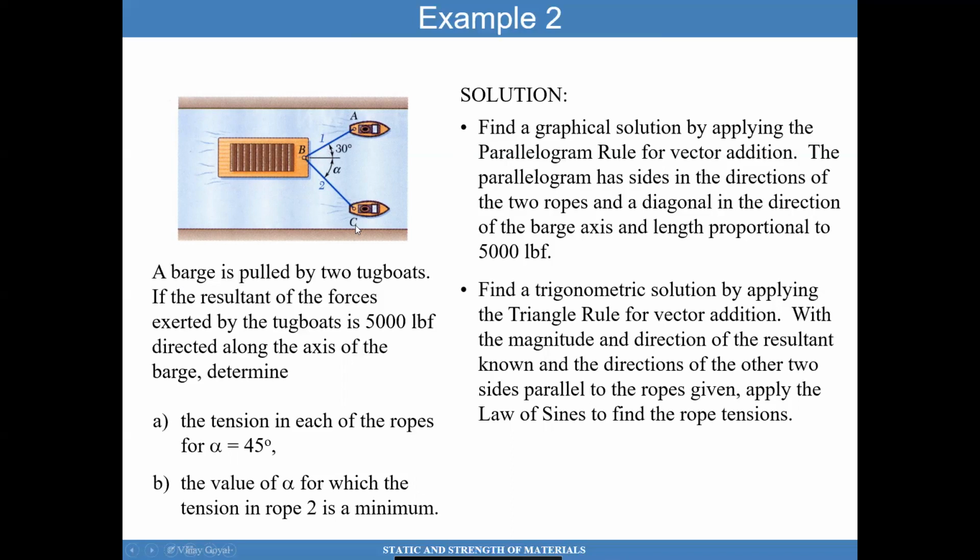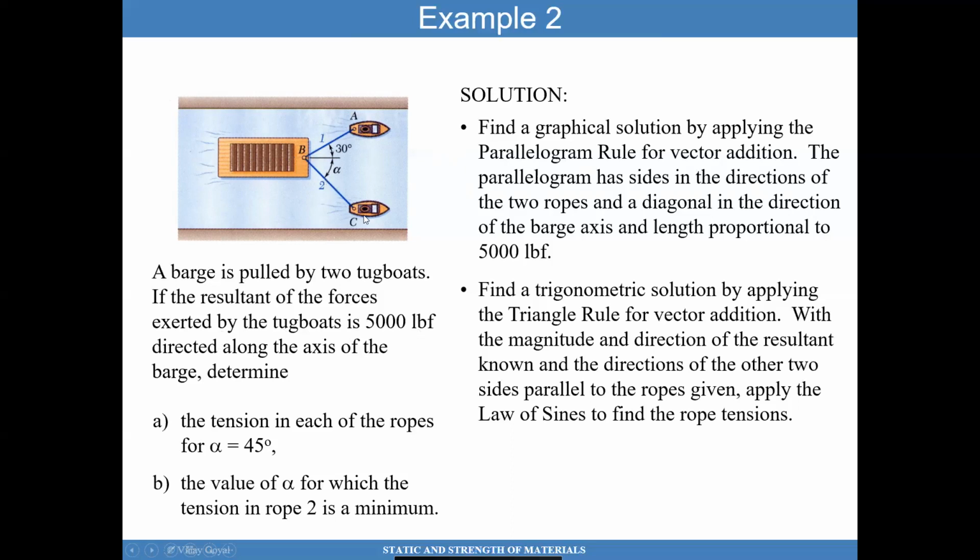The question is: if the resultant of the forces exerted by the tugboats is 5,000-pound force directed along the axis of the barge, determine the tension in each of these ropes to make that happen for an angle of 45 degrees. And the second question is, what value of alpha will give you the lowest tension along BC?